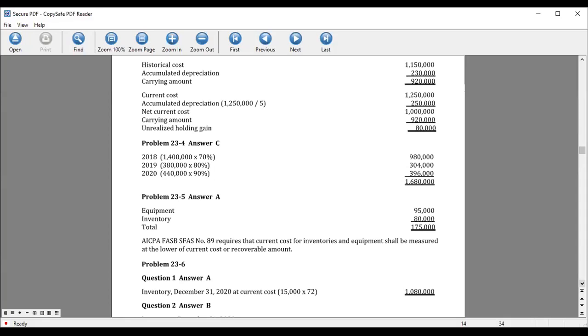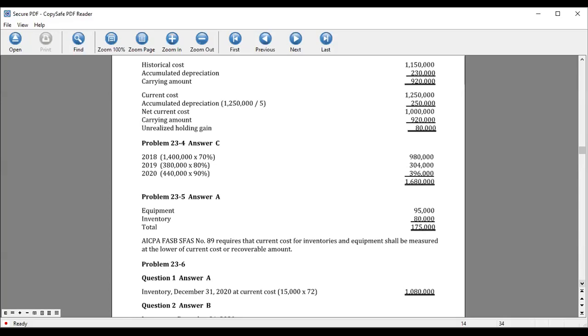In such a disclosure, what total amount should be reported for the equipment and the inventory? In this case, we have the equipment with the recoverable amount of 95,000 and the inventory with its recoverable amount.